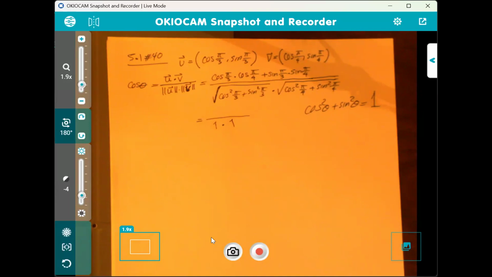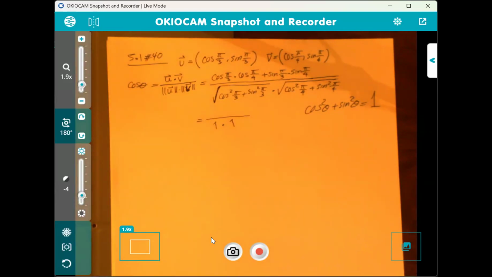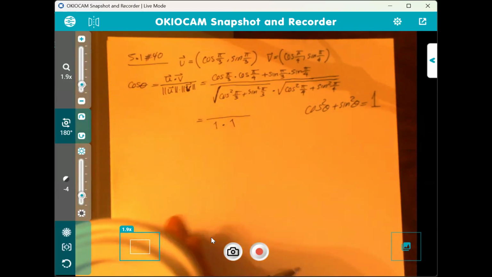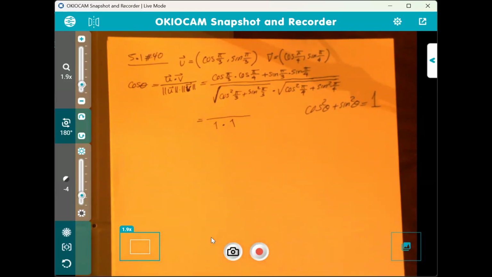Now, in the numerator, let's see if we can do this differently, other than using a calculator. Does anyone recognize the form, the structure in the numerator?